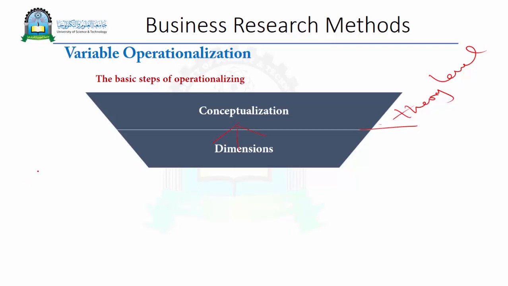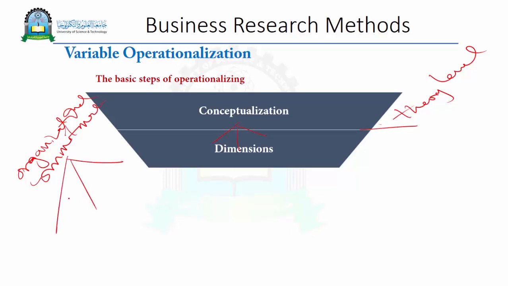So talking about, for example, organizational commitment, it can be divided into 3 main dimensions, according to Meyer and Allen. The first one is affective. The second one is continuance. The third one is normative.